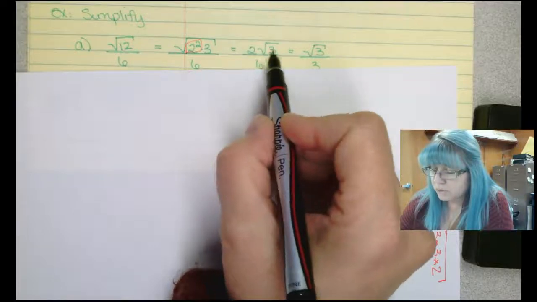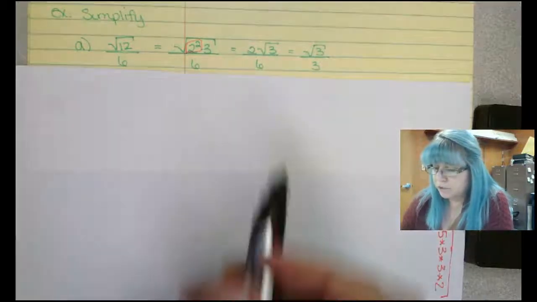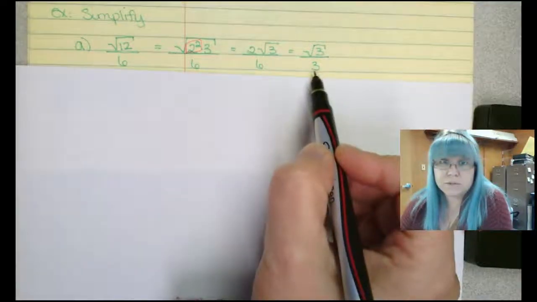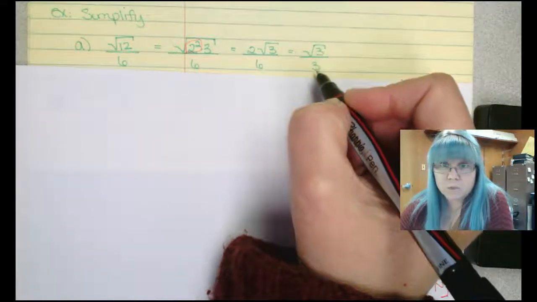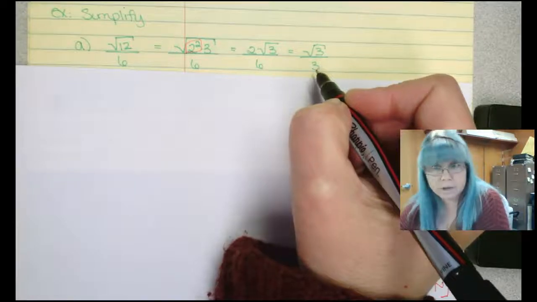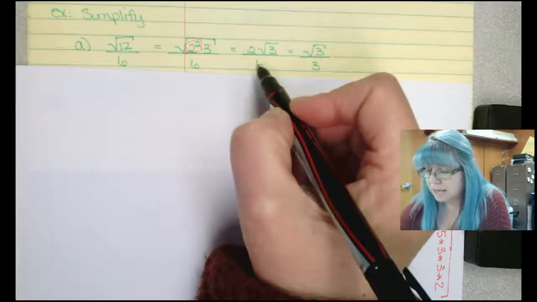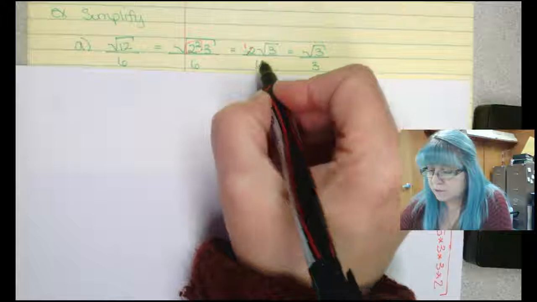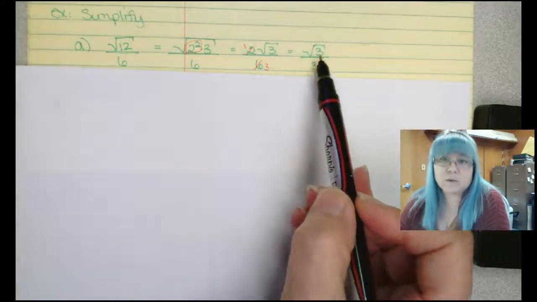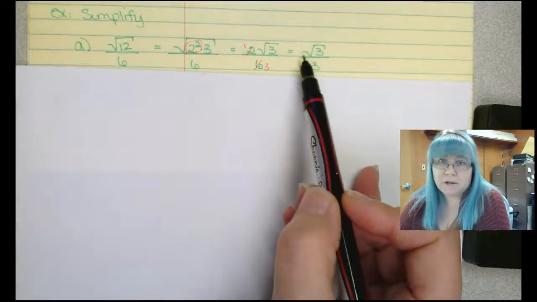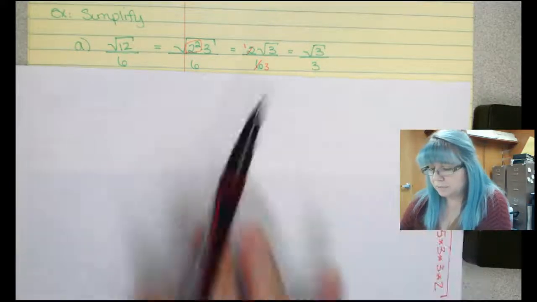So that's 2 square roots of 3 over 6, but 2 over 6 can be reduced. We are not going to reduce this 3 inside the radical with the 3 outside. That doesn't work. But the 2 and the 6 can be reduced. 2 goes into 2 once, 2 goes into 6 3 times, therefore it's 1 square root of 3, with an implied 1 out here, all over 3.